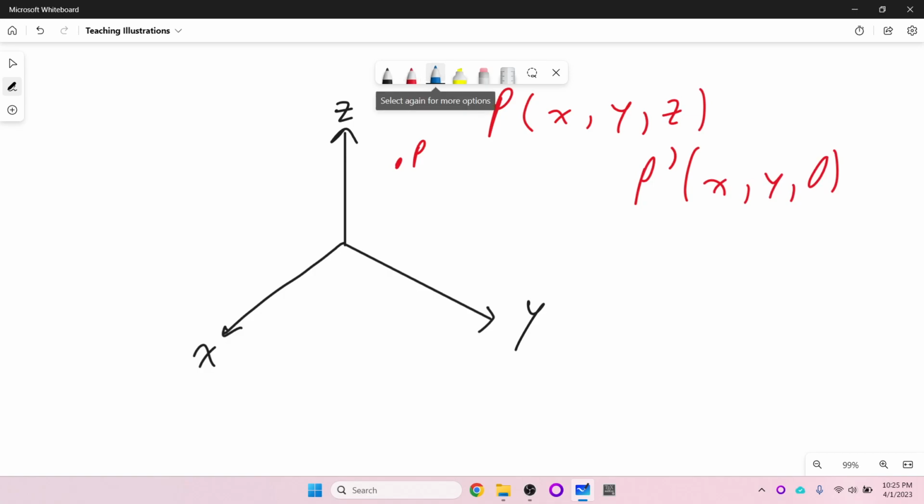So let's project this P downward to about here. That's P prime. Now, P prime is in the XY plane, so we can define it using theta and r.